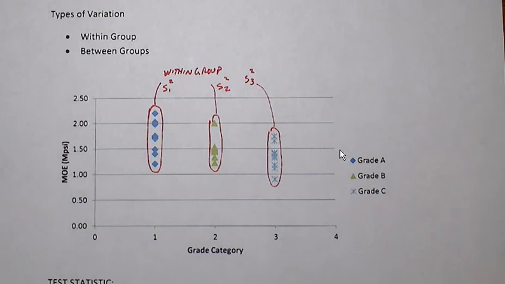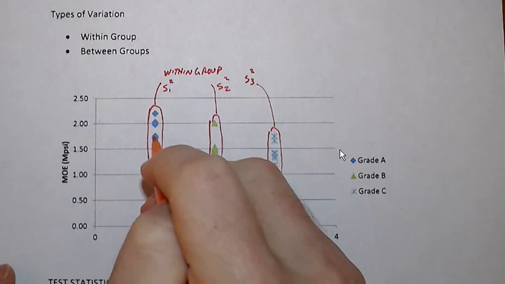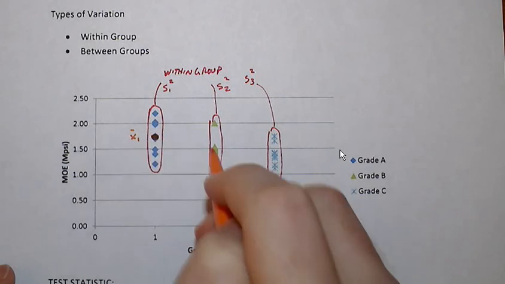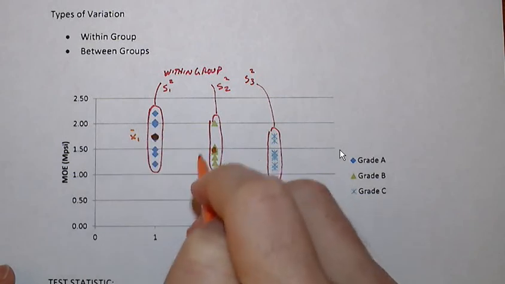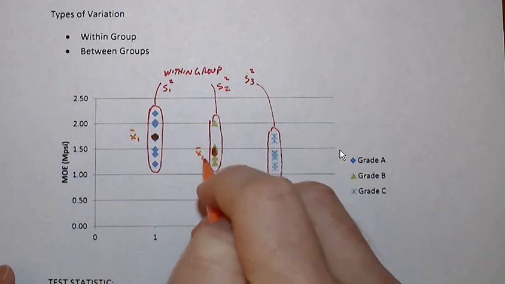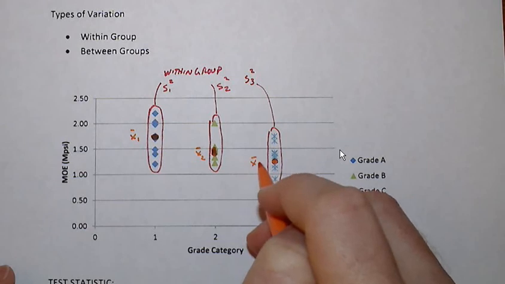So we have 3 different sample variances. Along with this, we could also ask, where's the sample mean for each group? This one, the sample mean is about there, and this one, the sample mean is a little bit further down. So there's your x bar 2, and this one's down even further, and there's your x bar 3.